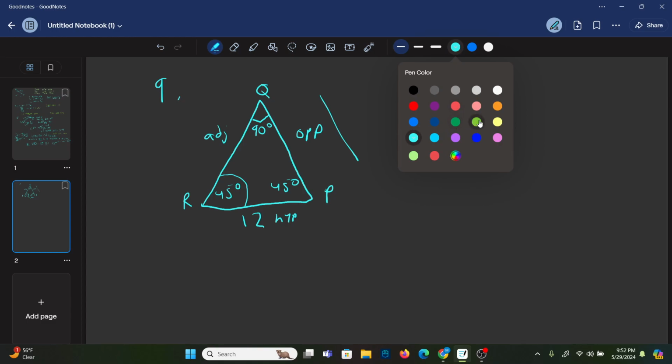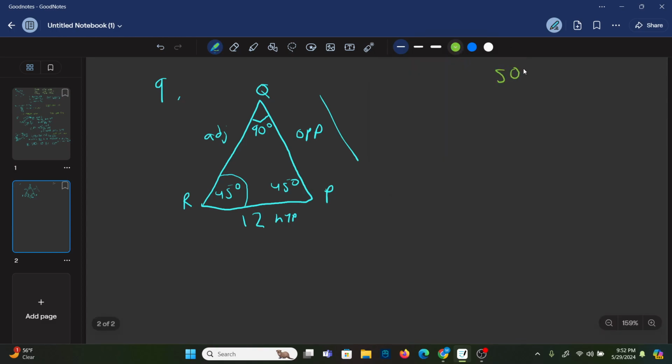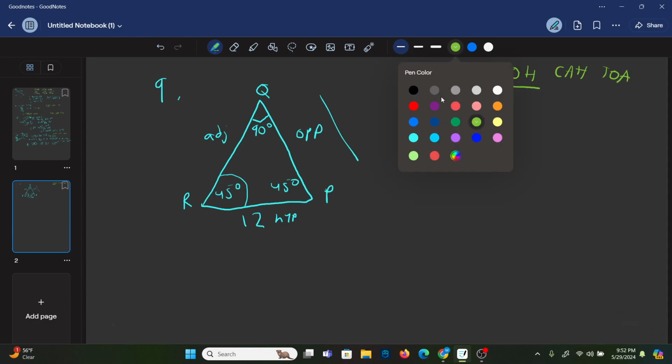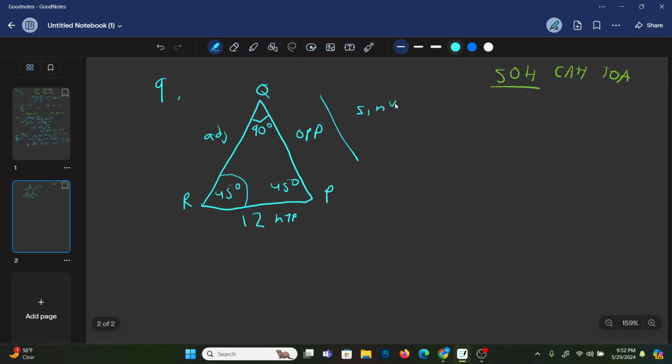And if we recall the acronym SOHCAHTOA, the opposite over hypotenuse would be this one. So we would do sine 45 equals the opposite side to that, which is x, because we don't know it, over the hypotenuse, which is opposite the 90 degrees, which is 12. In order to solve this, we would multiply both sides times 12.